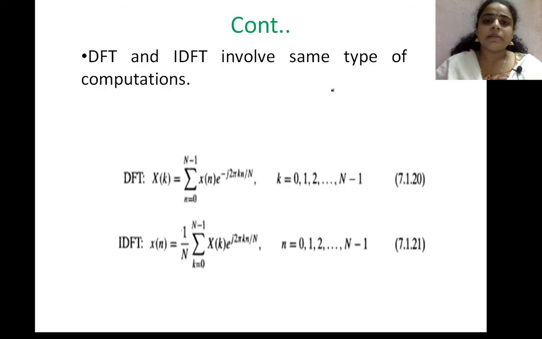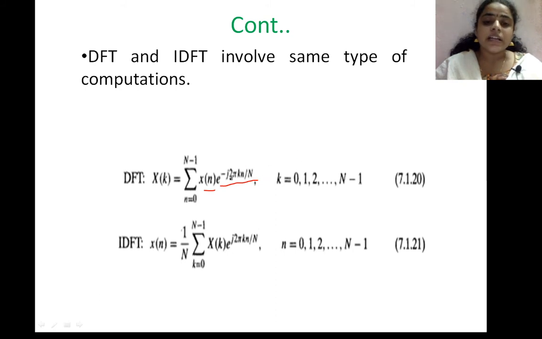From where did it come? See this one: x of n into e power minus j 2 pi k n by n. For each and every value of k, that means for n equal to 0 to n minus 1, if suppose k is equal to 1, first these two have to get multiplied, and then for the next nth sample they have to get added.